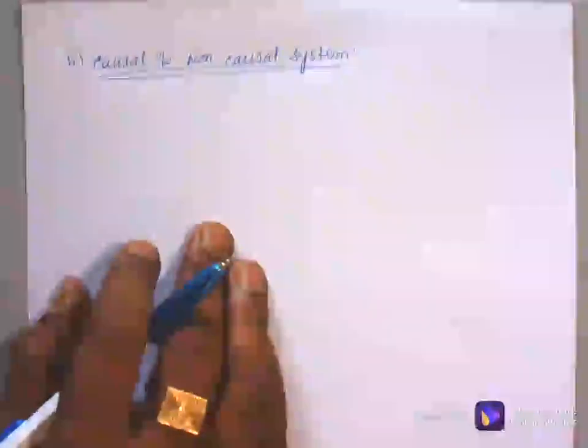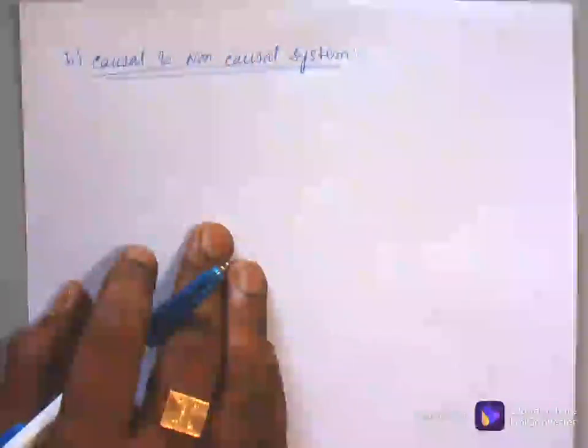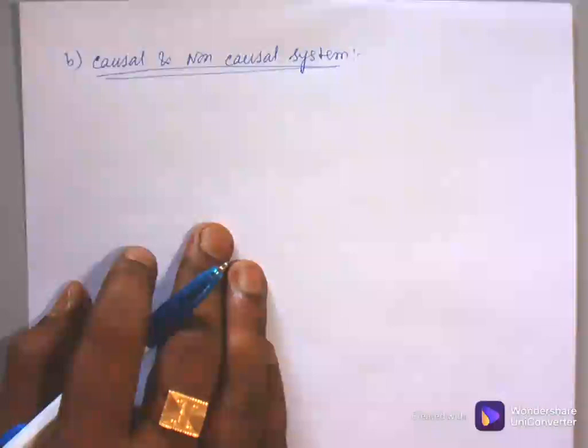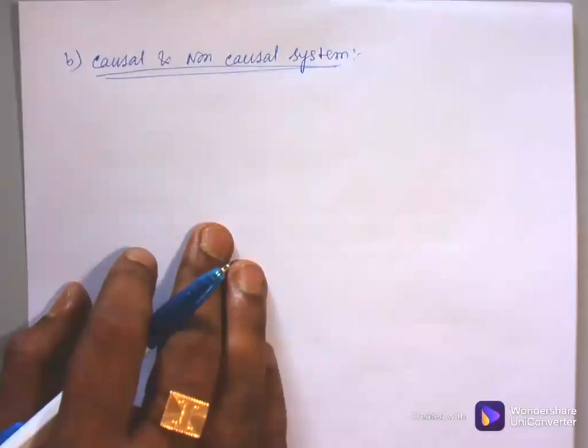The first one was signal and this is the system. Whenever a system has an output, if the output depends only on the present as well as past input but not on the future, then the system is known as a causal system.